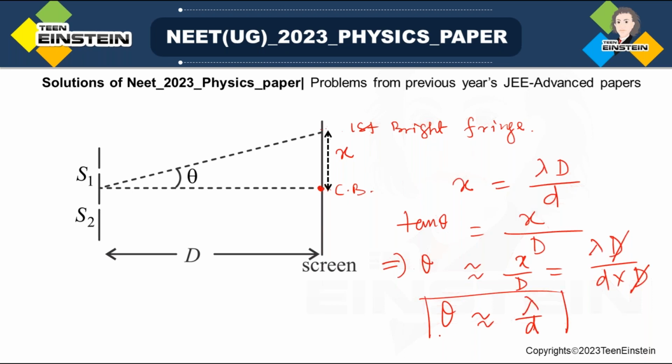You can see in this expression there is no capital D, so there is no role of the slit to screen distance in this angular separation.